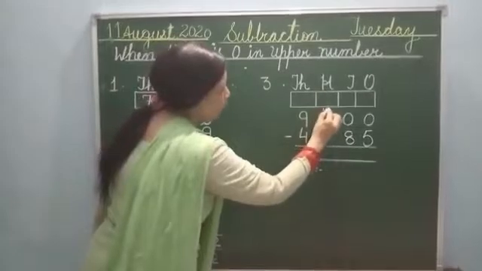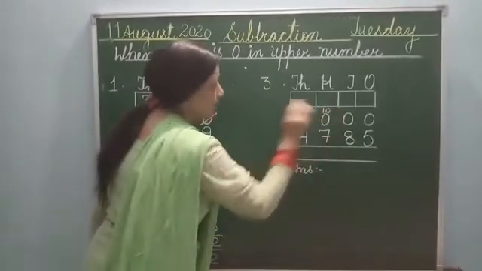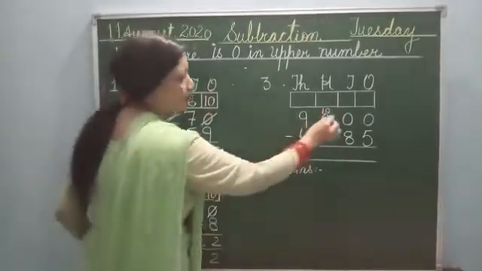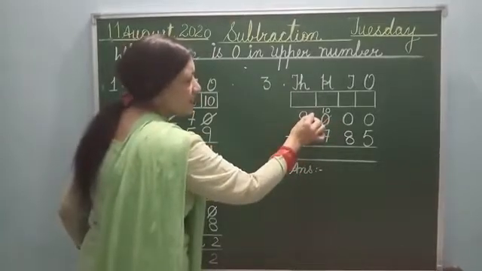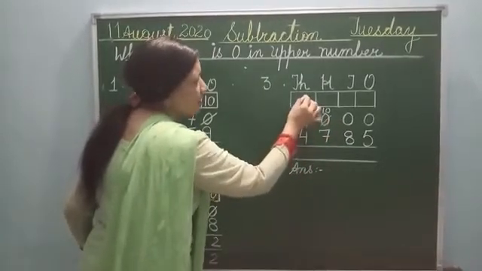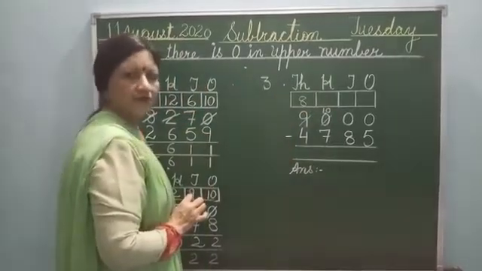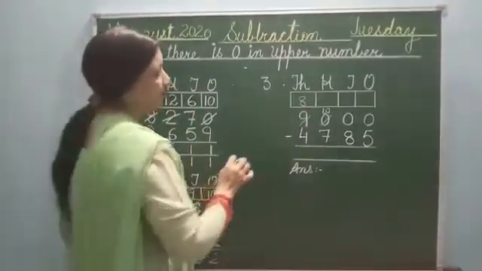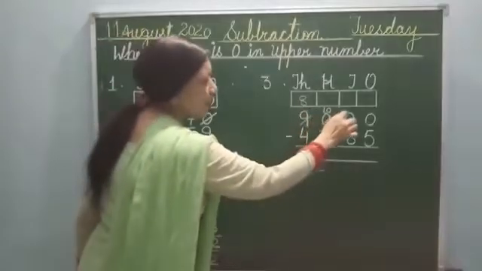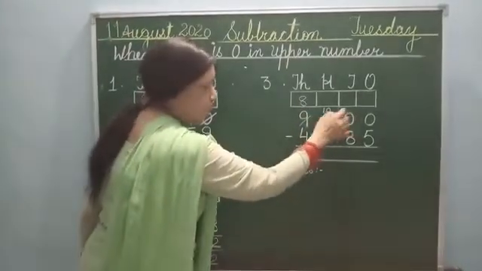Now this has borrowed 1. It has become 10. Now this has given 1. It has become 8. Is it clear beta?